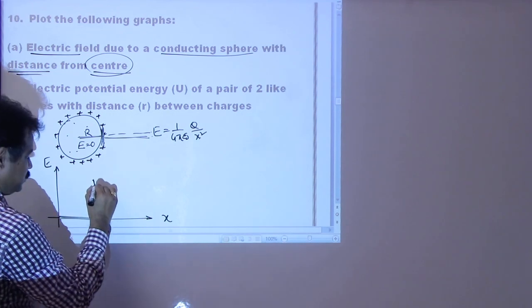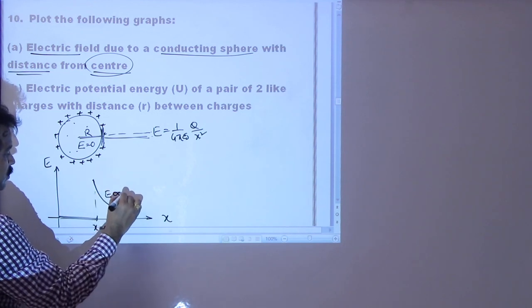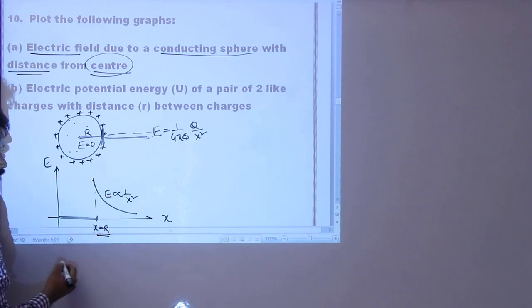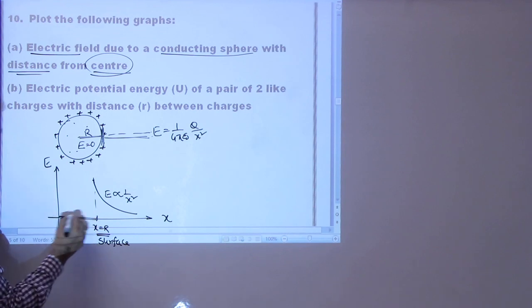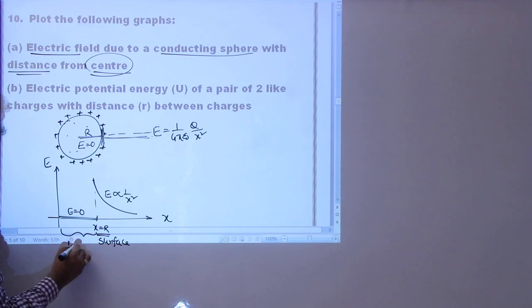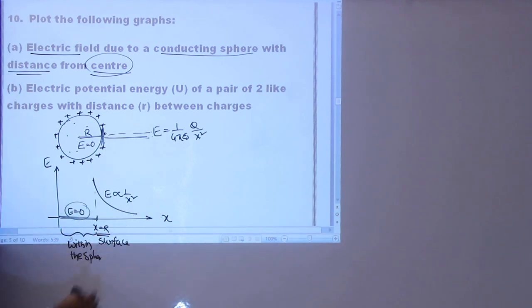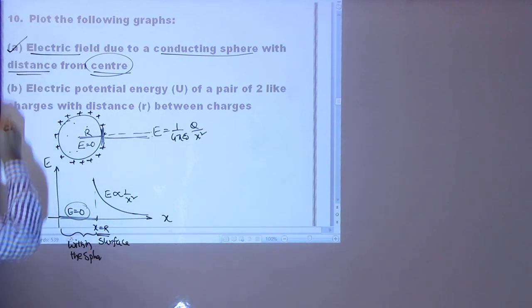After that, the electric field rises suddenly, and afterwards it is a parabola, since E is inversely proportional to x square, from the surface of the sphere. Before that, E is equal to 0 inside the sphere. Outside, it gradually decreases with distance.